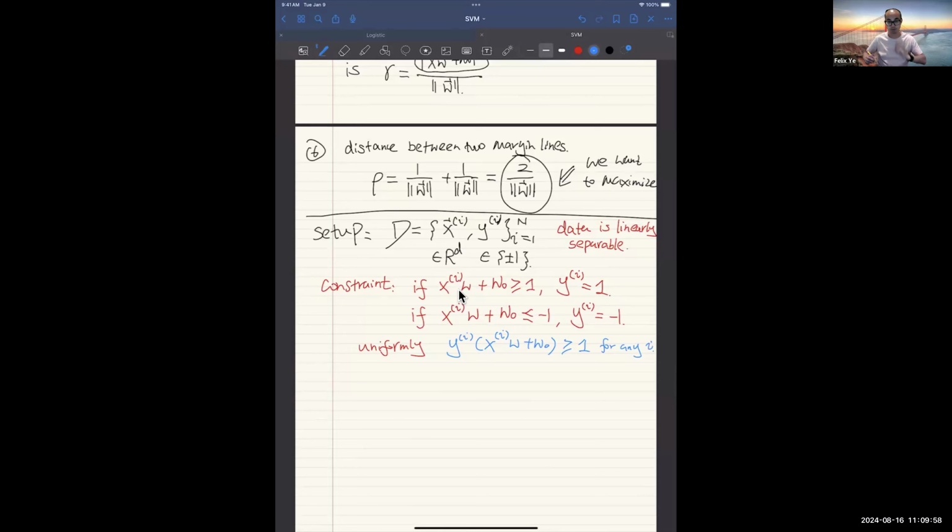So this is obviously very important. That's the constraint we need to satisfy to ensure we perfectly separate the data, the reds from the blues.